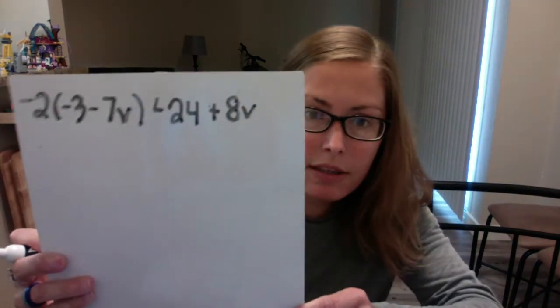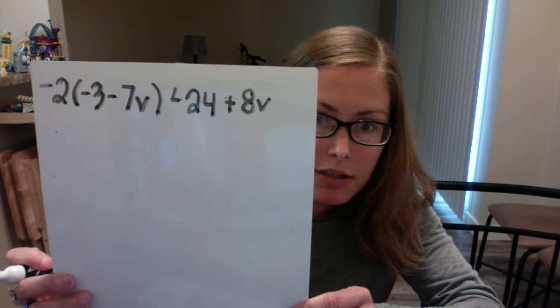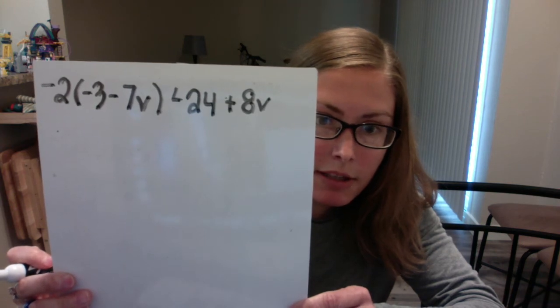Okay, the next one we have -2 times the quantity of -3 minus 7v is less than 24 plus 8v. Going to start by dividing by -2 on both sides.